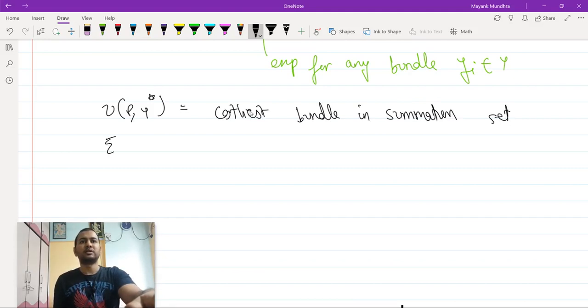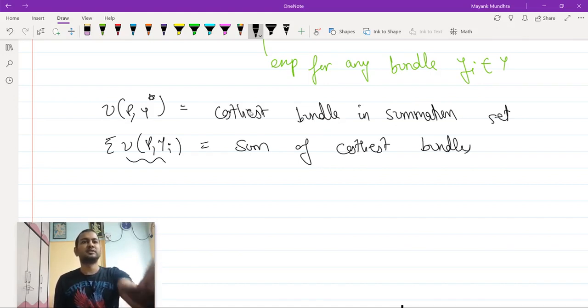And the summation of v of p comma Yi will be your sum of costliest bundles. So v of p comma Yi represents the costliest bundle for each Yi, and you are going to add up all the costliest bundles.